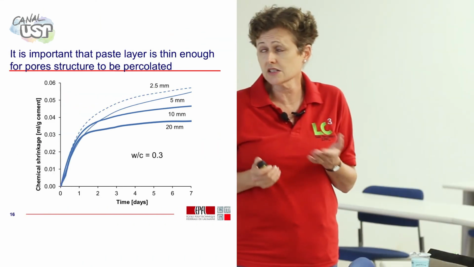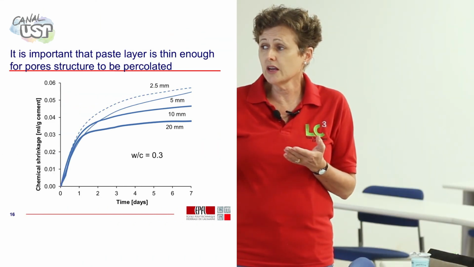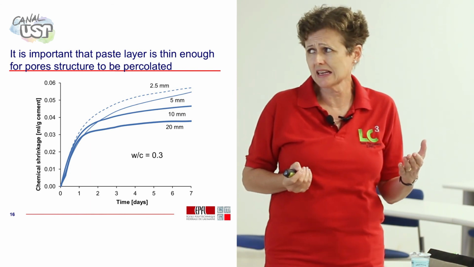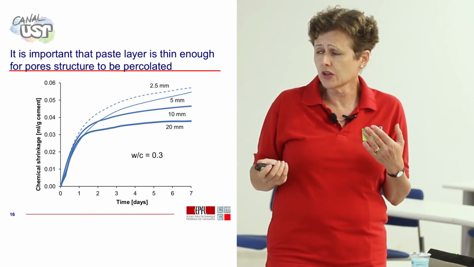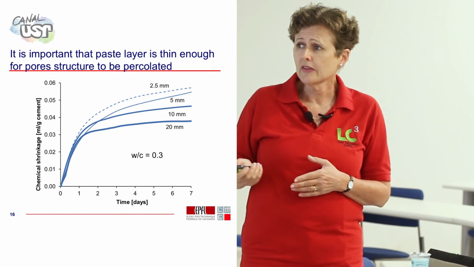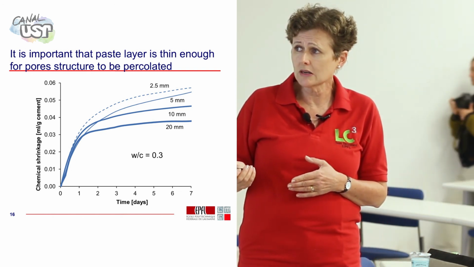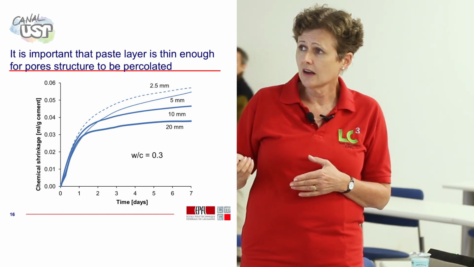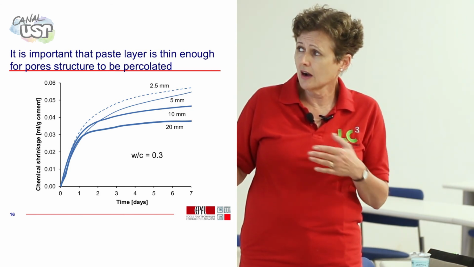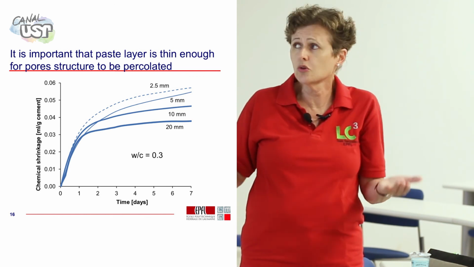Now, of course, what's very important is the thickness of the sample. Here we have quite a low water-cement ratio, so this is an extreme case. But this shows you that if you have a very low water-cement ratio of 0.3, then even after about 1 day, you're seeing that depending on how thick your sample is, the water is getting in or not getting in.